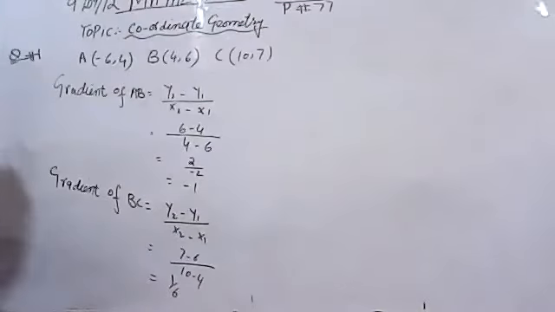Just say gradient of AB is -1. The gradient of BC is 1 by 6.